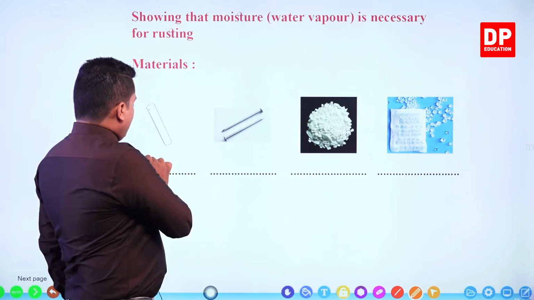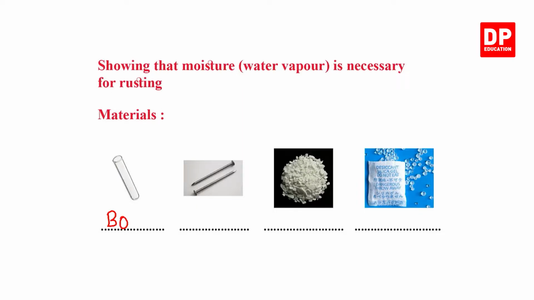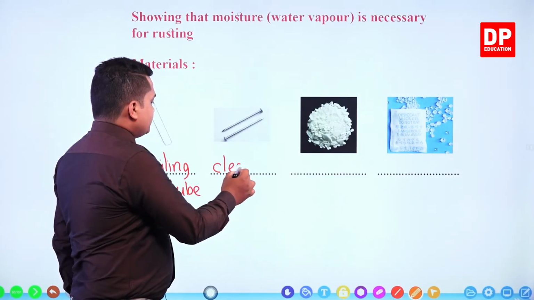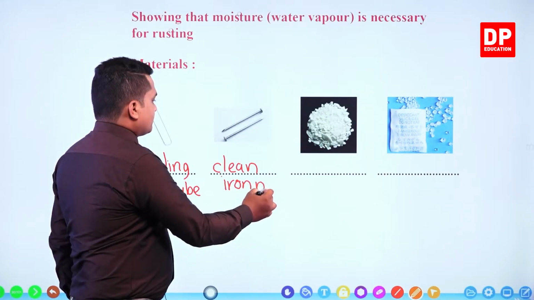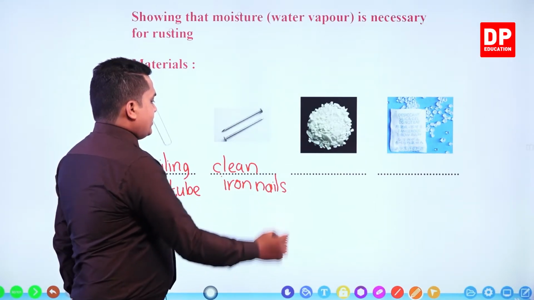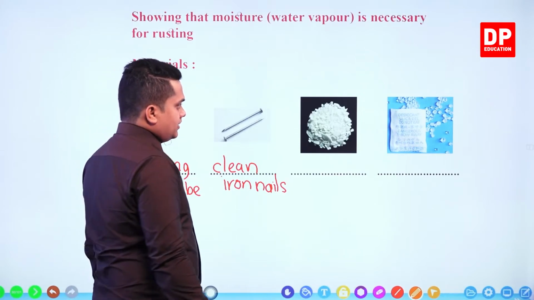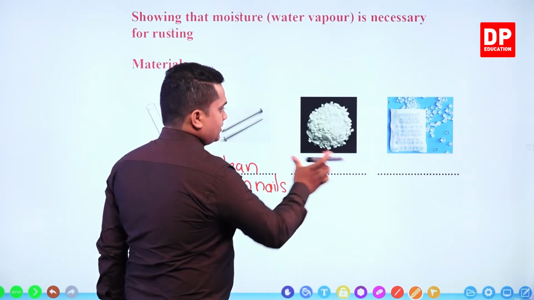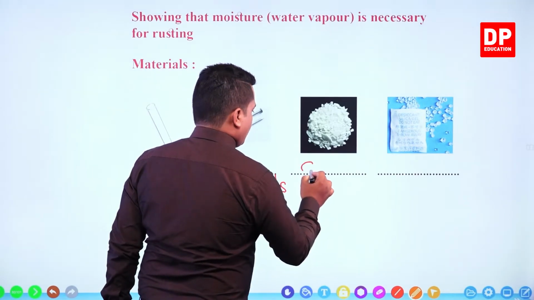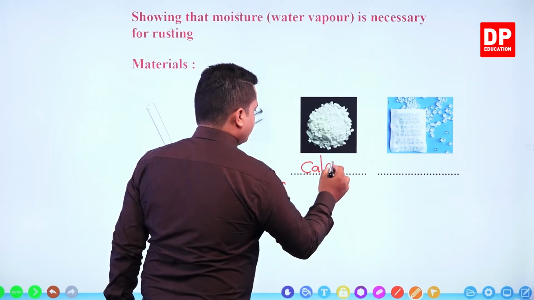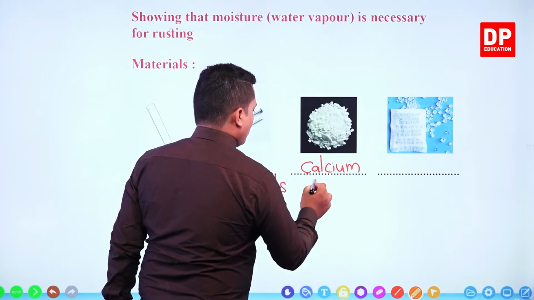Once again, you'll need boiling tubes, clean iron nails, and this is calcium chloride, a chemical called calcium chloride.